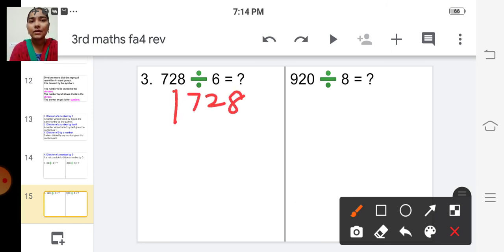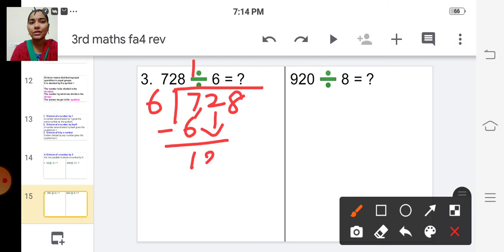Consider the first digit 7. Only one time it will go, isn't it? So 6 ones are 6. Subtract, 7 minus 6 is 1, and bring down this 2 here. So it becomes 12. How many times will 6 go in 12?